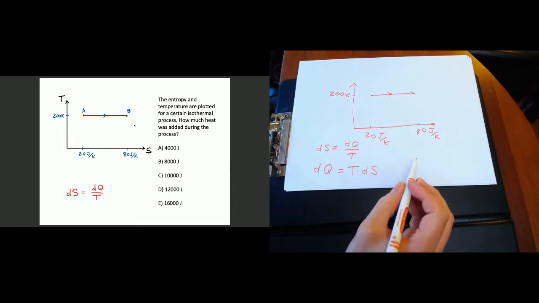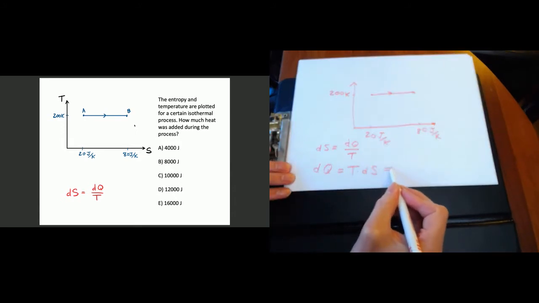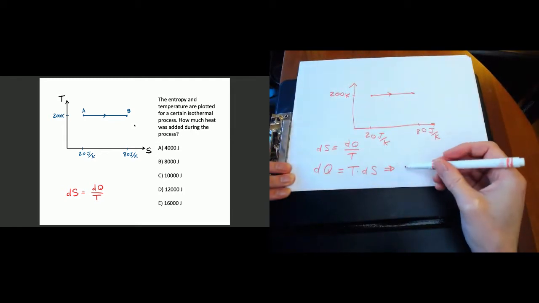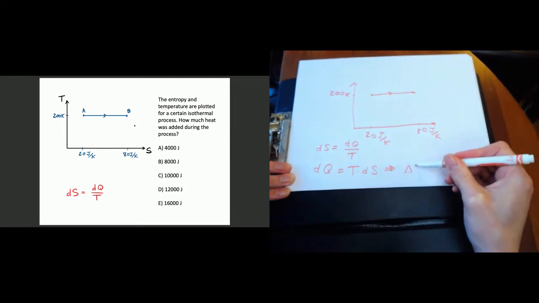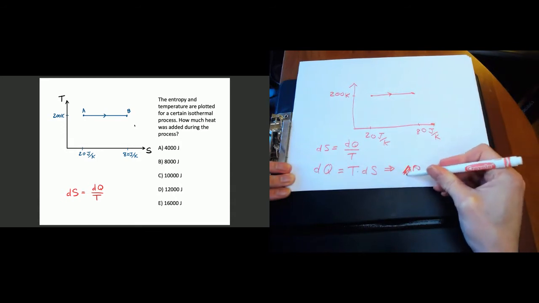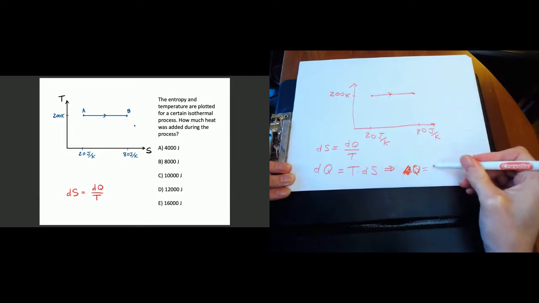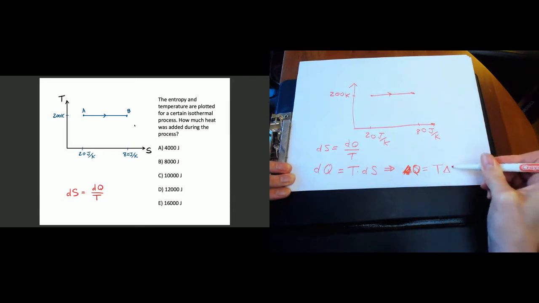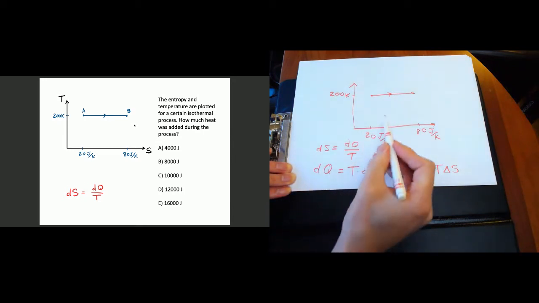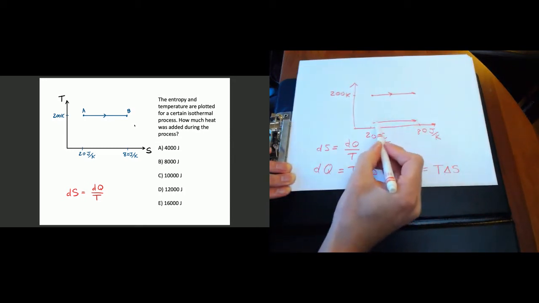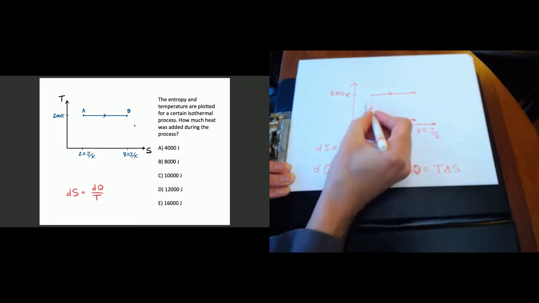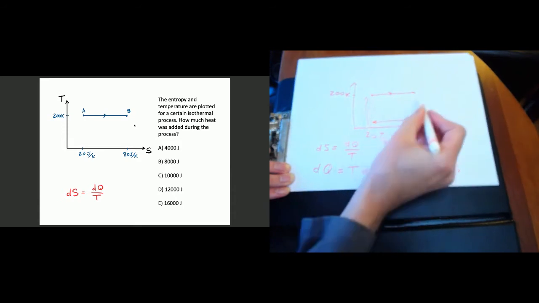And in this case, it's a constant temperature process. So even for the entire process, if we add up the heat that's added during each step, the Q for the entire process is equal to T times delta S. And what we realize is that the delta S is just this distance on the x-axis, and the T is the distance here on the y-axis.